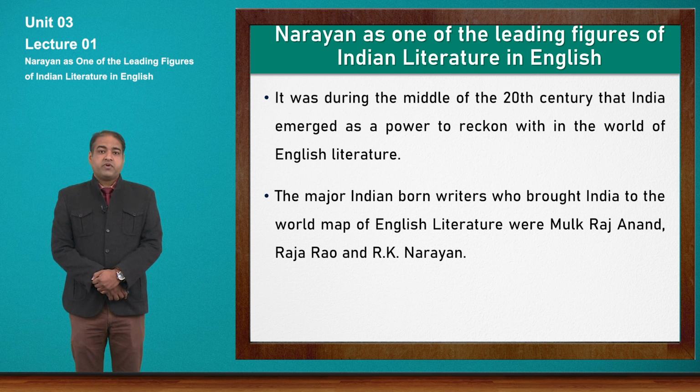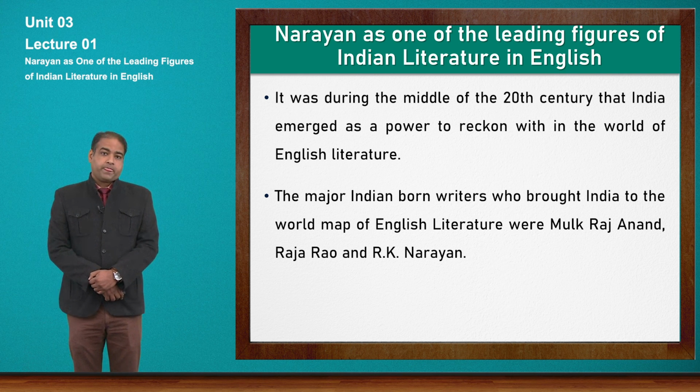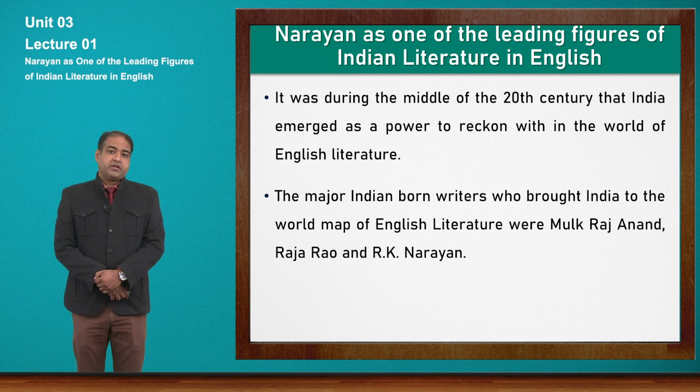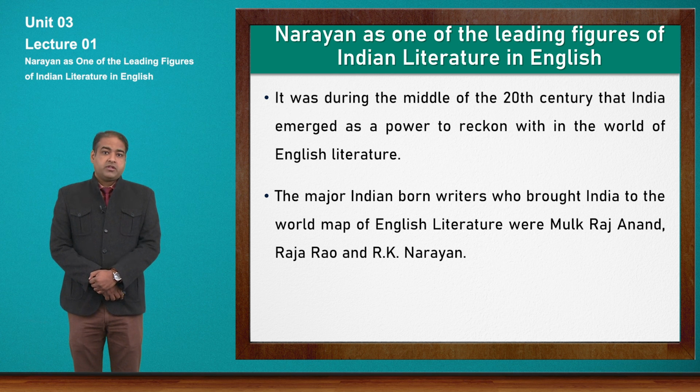Which is why whenever you read the syllabus of an Indian writing in English course in any university of India, you will have these writers, maybe two of them or maybe all three, their texts must be present in that course. We cannot neglect them. They are founding pillars of Indian writing in English.